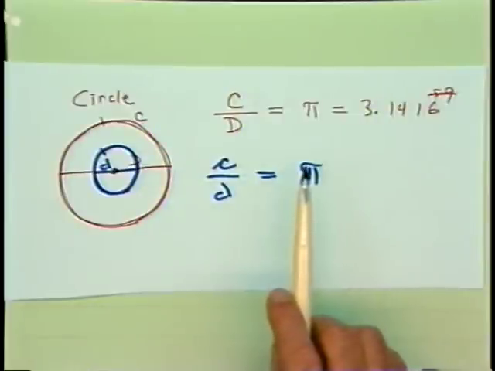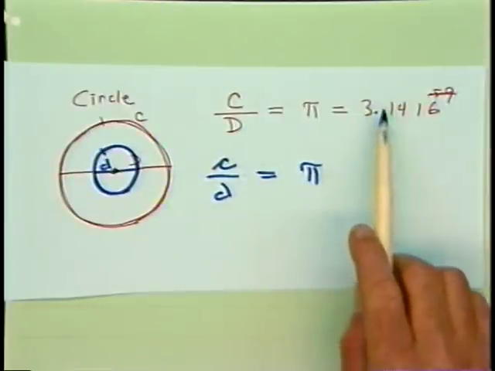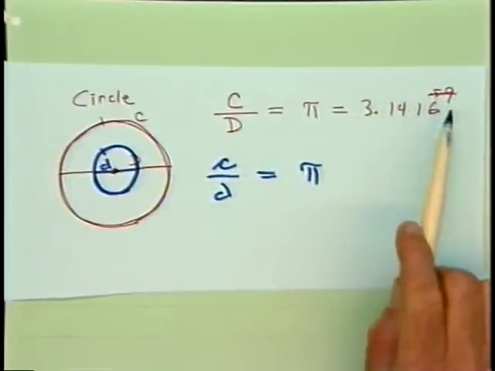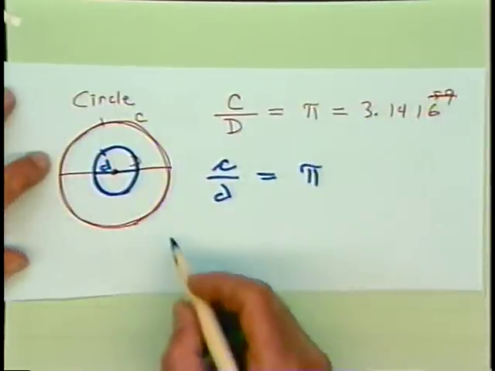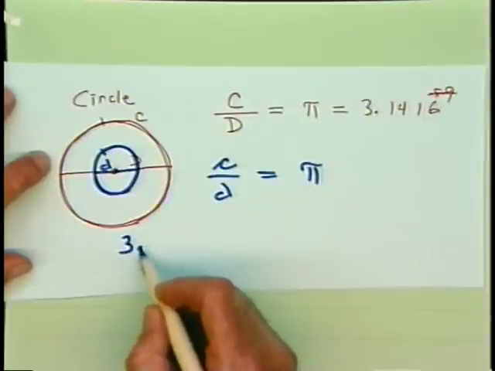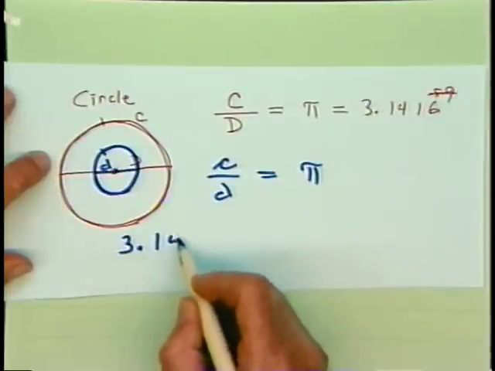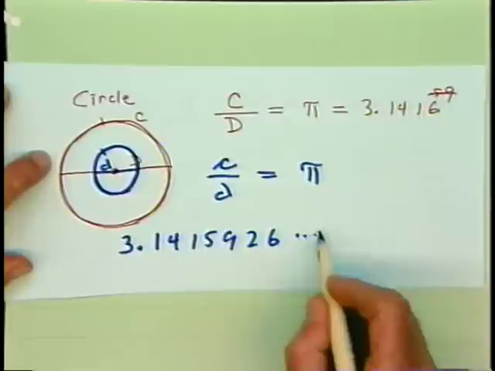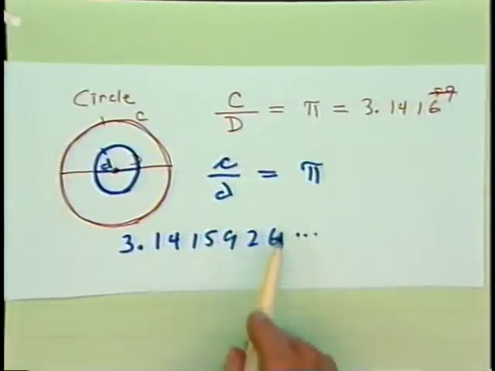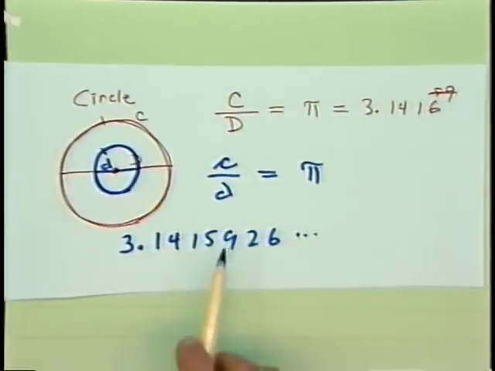And using fairly advanced math, we can prove that this number, which goes on forever, is approximately equal to that number. And interestingly enough, that number, 3.141596, etc., is not a repeating decimal and is not a terminating decimal.